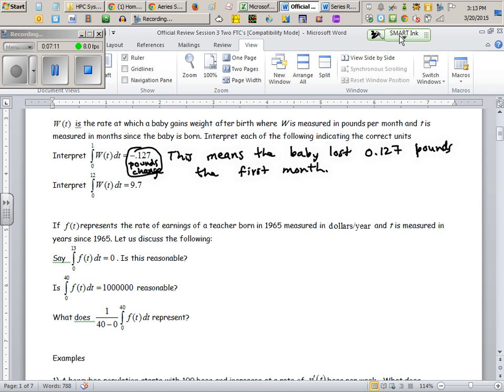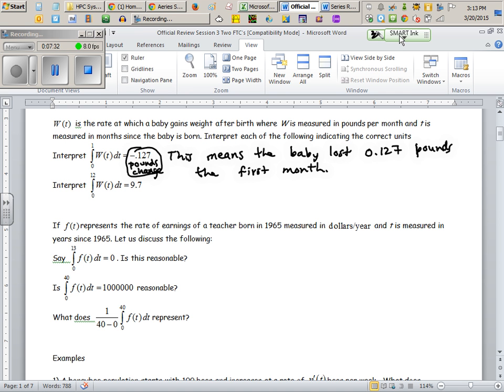In fact, the baby might have, this would be really weird, the baby might have been born, and then the first week gained like 10 pounds, became this big, ugly, like fat baby, and then lost 10.127 pounds over the next 3 weeks, and was down from his birth weight at negative 0.127. So we can't take it too literally.